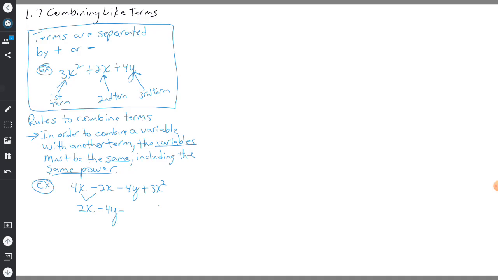So everything else stays the same. So in order for us to combine, it has to be the same variable and the same power.